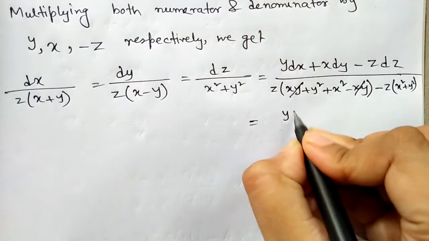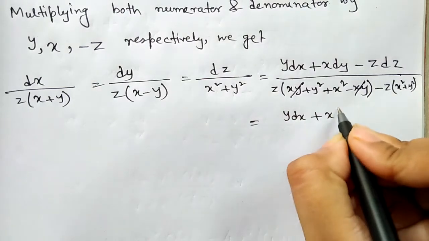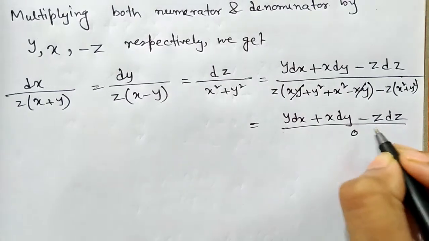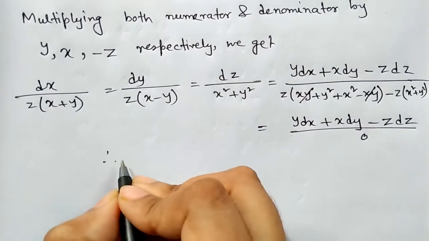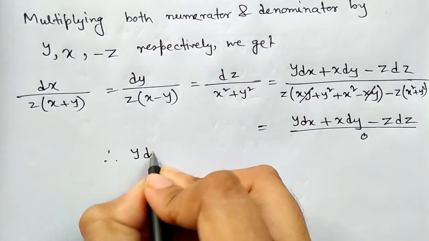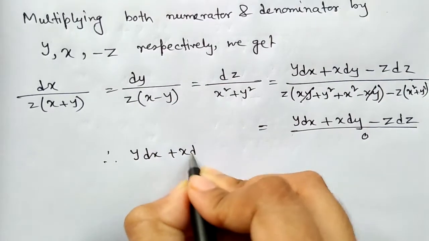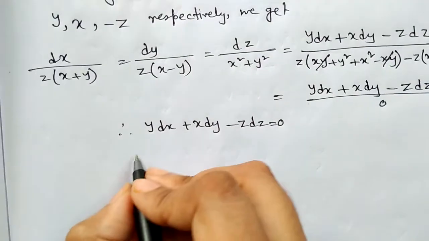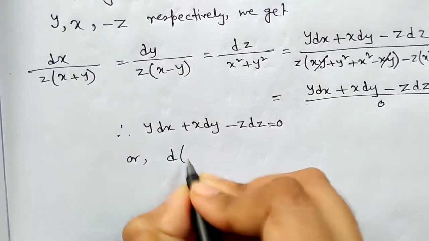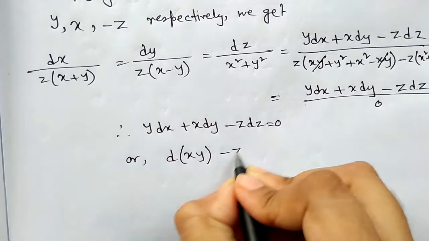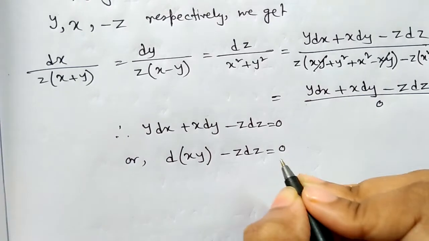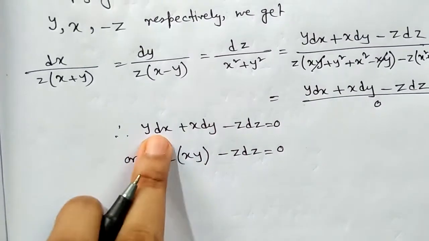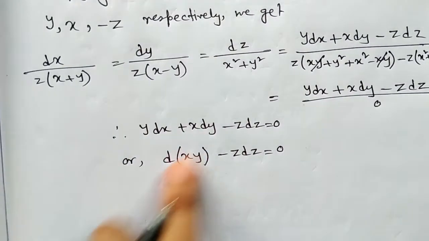So we get (y dx + x dy - z dz)/0. Therefore, y dx + x dy - z dz = 0. So we can write d(xy) - z dz = 0, since d(xy) is y dx + x dy.